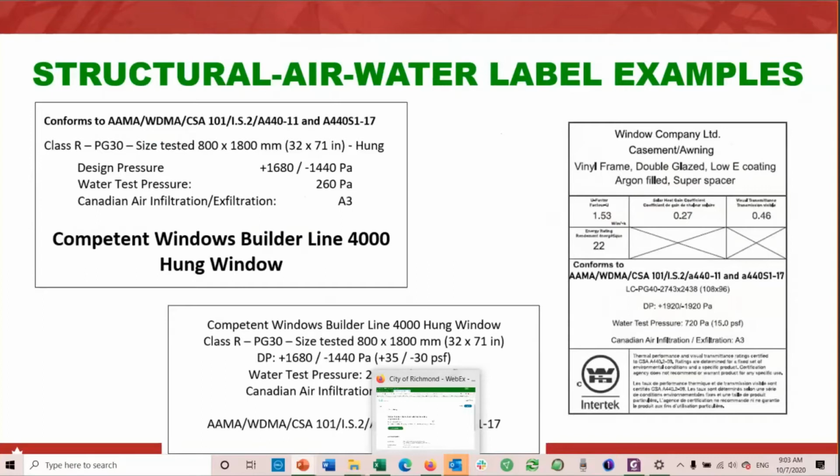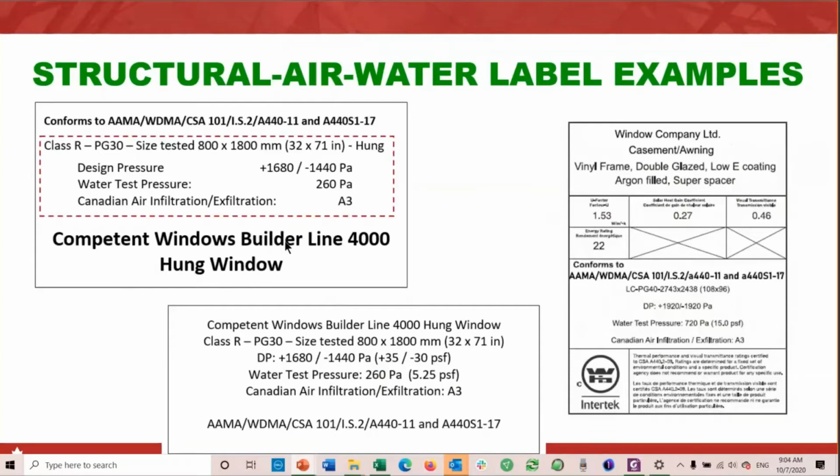So here are some examples of structural air-water performance labels. You'll notice that they don't necessarily look the same. And in the NAF's labeling guidelines, you see more examples of varieties of labels. But all of them must have certain characteristics to be complete. For example, each one of these labels summarizes the performance properties that are tested in the NAF standard, such as the performance class. In some cases, it may use the terminology class R. In other cases, it might just say LC, which is the LC class.